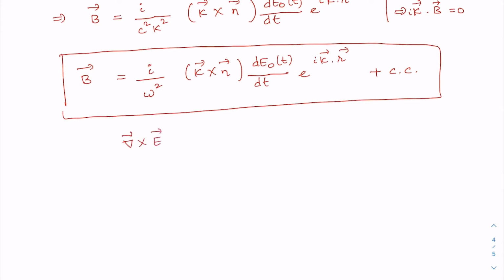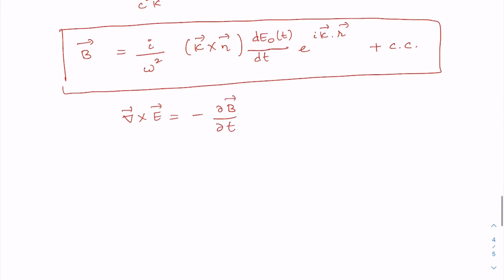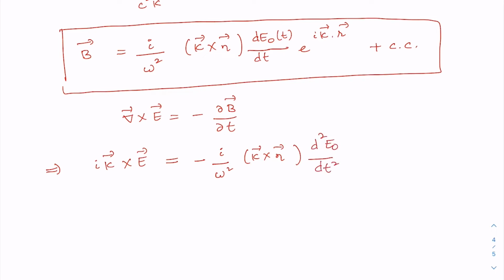Now if you take the time derivative of this magnetic field and put it in the Maxwell equation, curl of E is equal to minus del B del t, what will I get? Del I can replace by i k, and this would be E. And here I have i by omega square, k cross eta, and taking the time derivative of B, it is d2 E0 dt2, e to the power i k dot r.